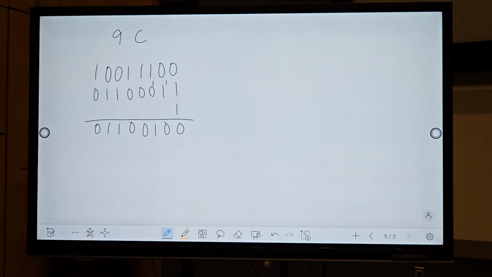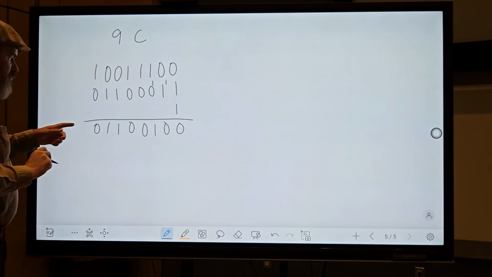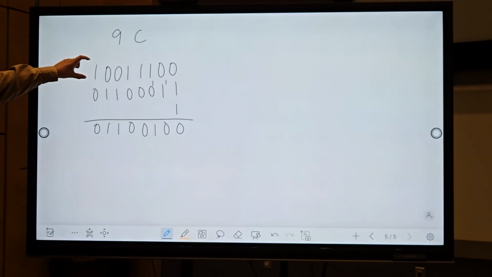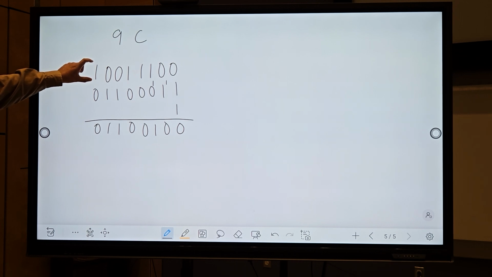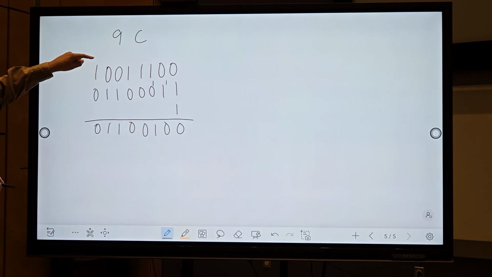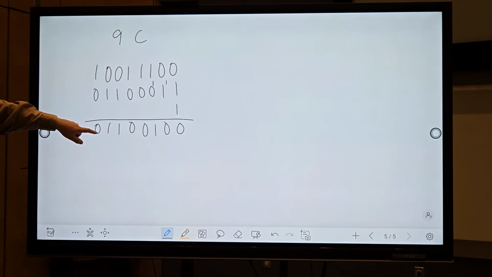Okay? So that's the magnitude of the negative number. Because it had a 1 in front at the beginning at the conversion from hexadecimal to binary, it's a negative number, but this is the magnitude of it.